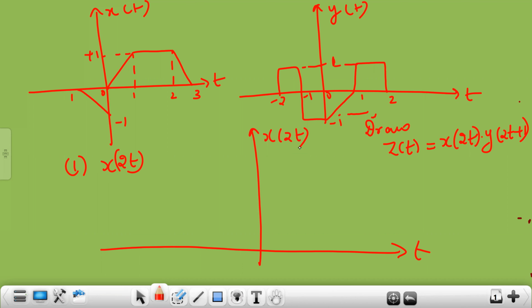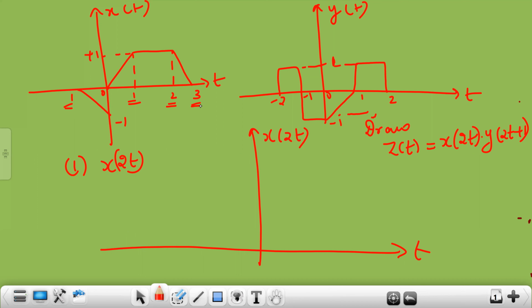If it is less than 1, like 1 by 2, 1 by 3, then we need to expand. Since we are multiplying the time axis by a factor greater than 1, we need to compress the signal 2 times. While compressing, this 1 will become half, this will become 1, and this will become 1.5. Isn't it? 3 by 2 is 1.5.